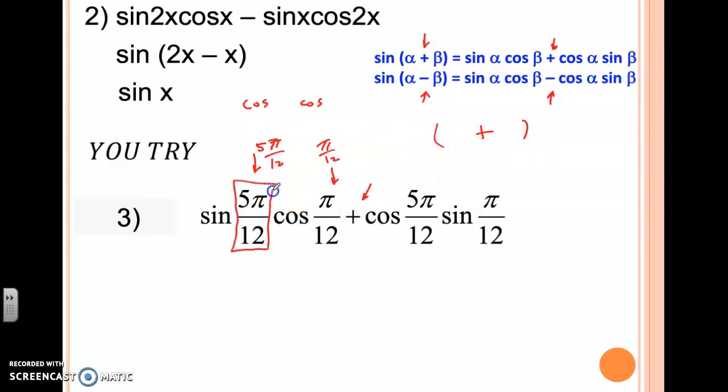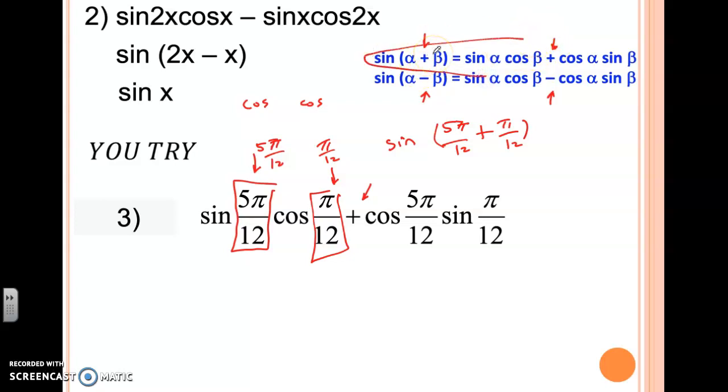The one in front of the sine, which is 5 pi over 12, and the second angle is in front of the cosine. Because it's sine, cosine, it is a sum of the sine. So that's my first step: identify which identity I am using.